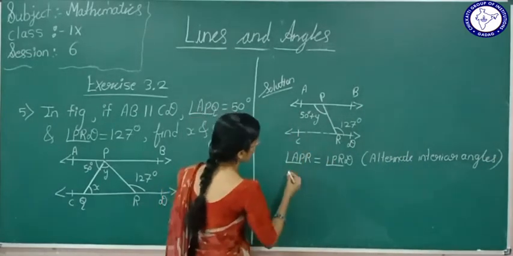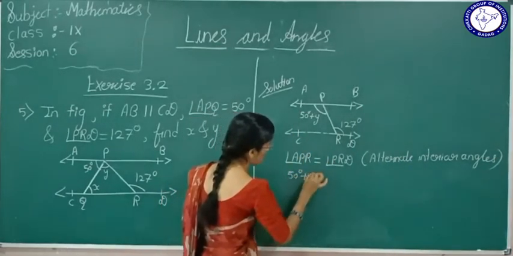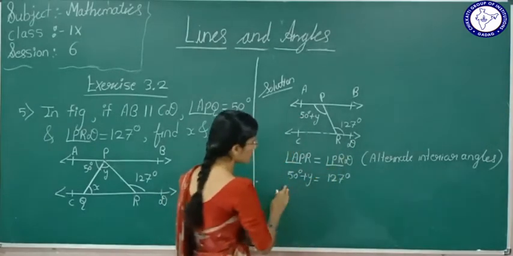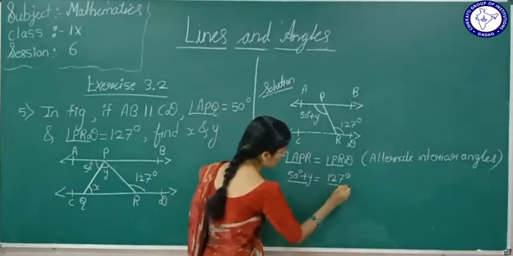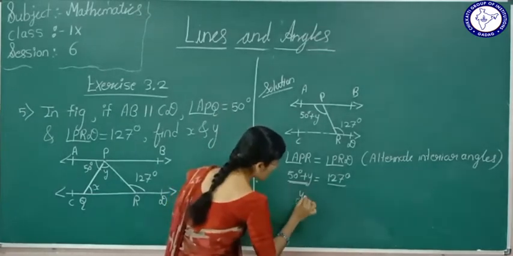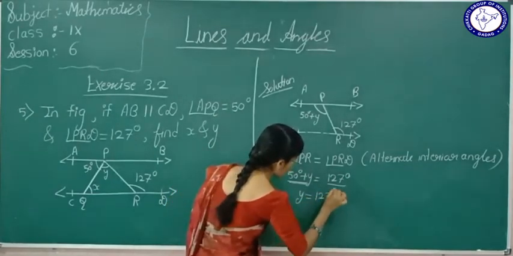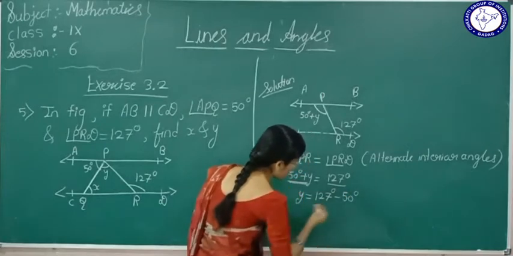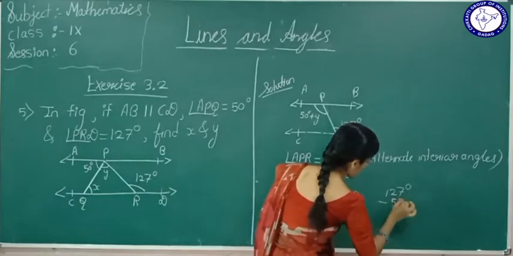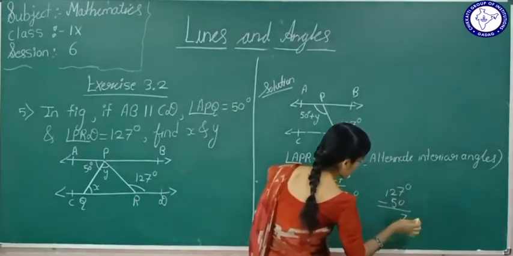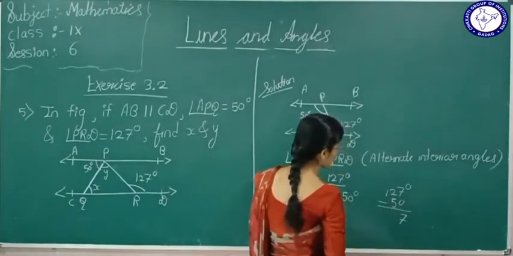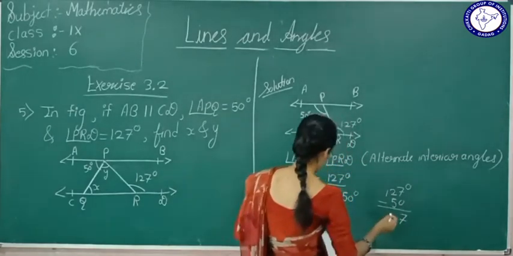So angle APR is 50 degrees plus y, and PRD is 127 degrees. With the help of this, these two angles are equal, and we will find out y. y is equal to 127 degrees minus 50 degrees. 7 minus 0 is 7, 12 minus 5 is 7.